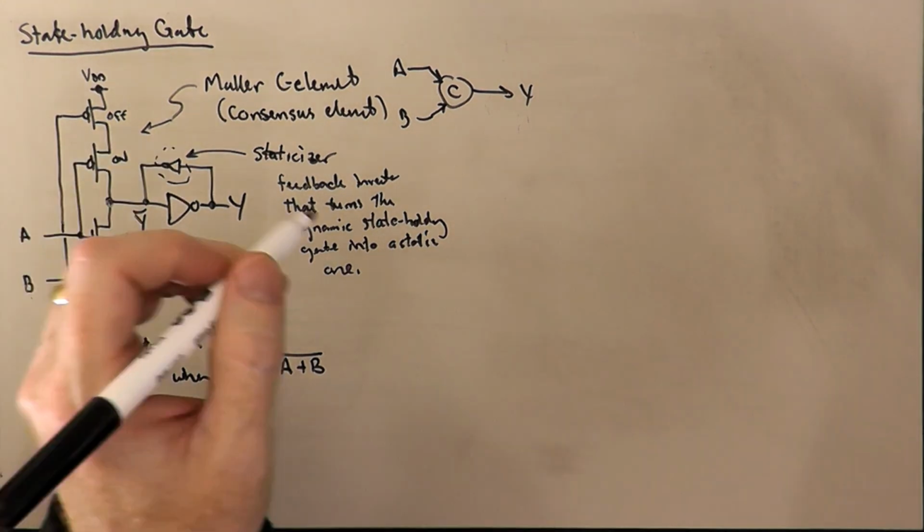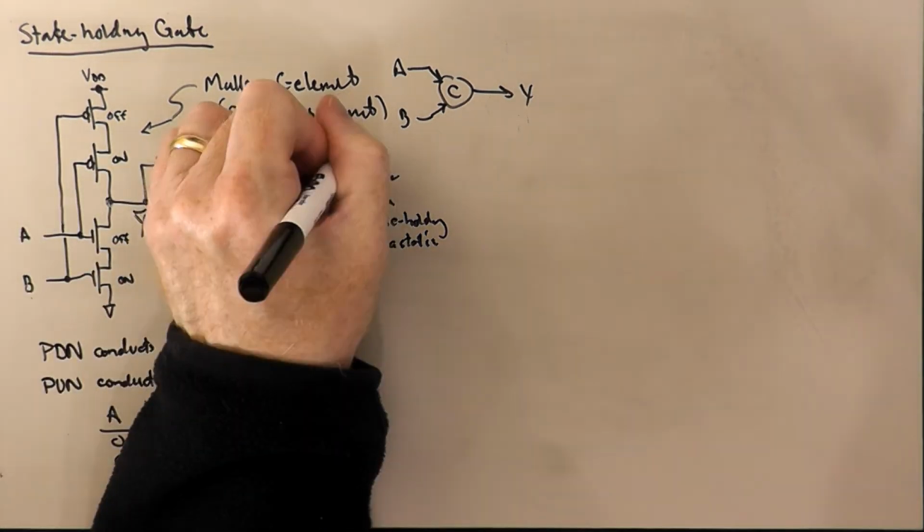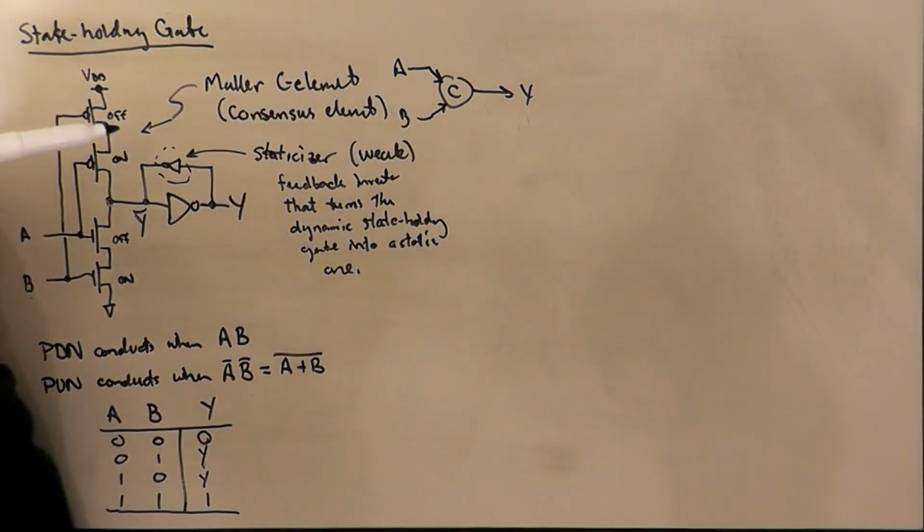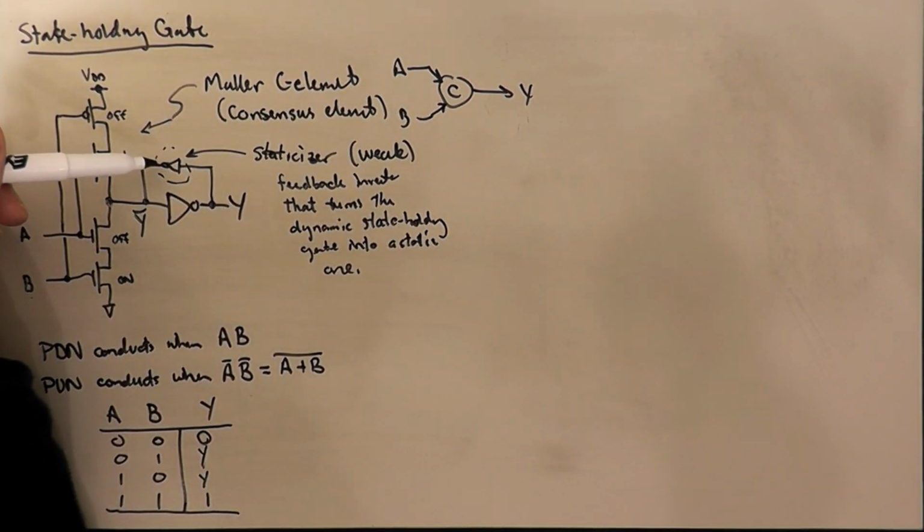And this is typically a weak inverter, which means the devices are tall and skinny, meaning that they have a long length and a narrow width. And that's because we can have a writability problem in this structure.